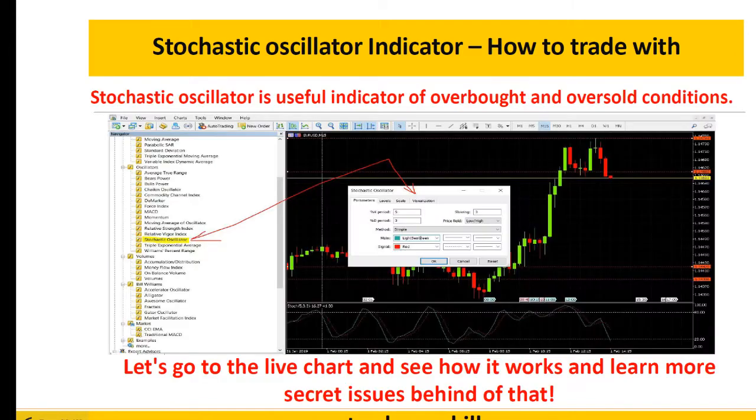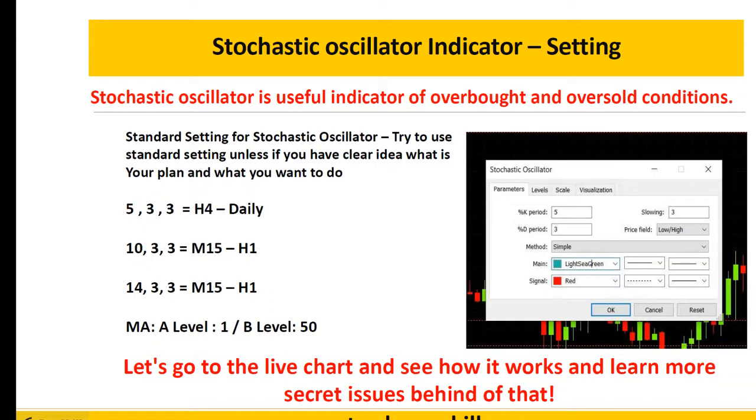This stochastic oscillator is a useful indicator, as I told, to show you overbought and oversold, and there are different settings. This is the standard setting. I can tell you more detail about the settings.